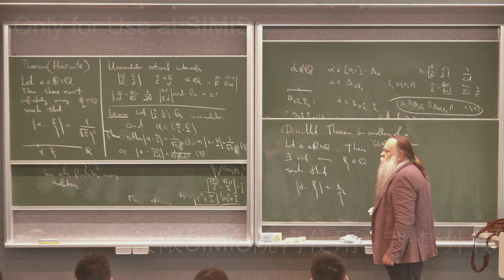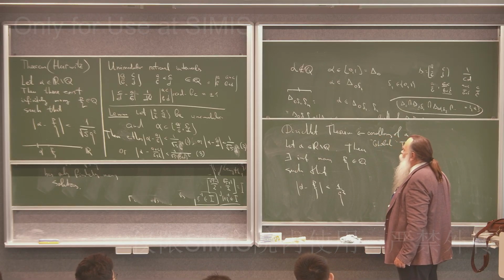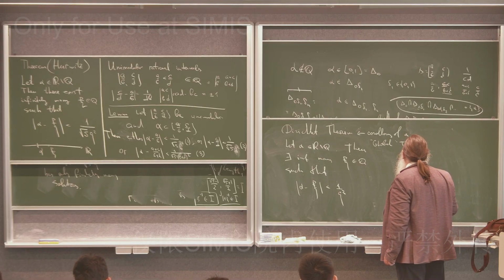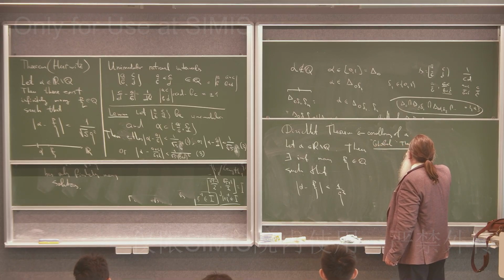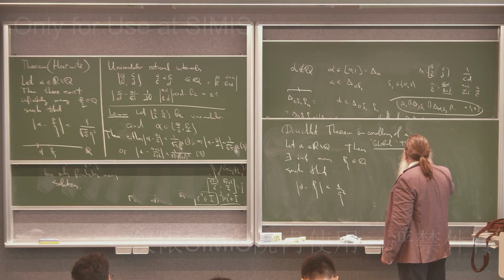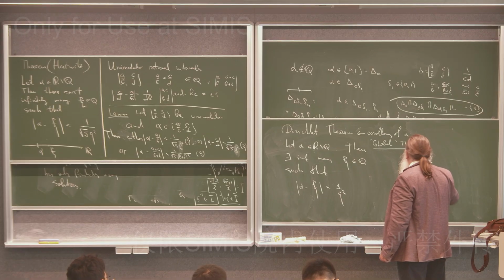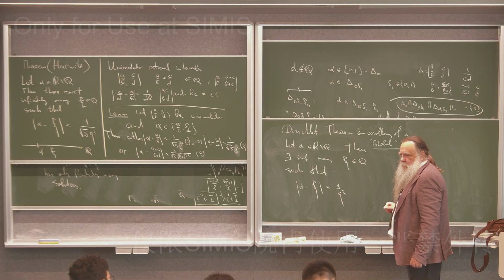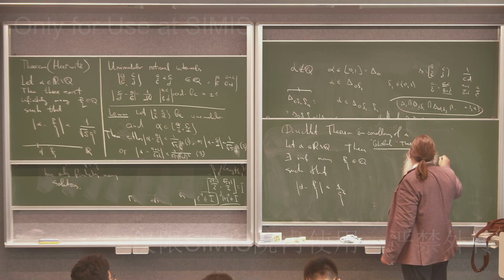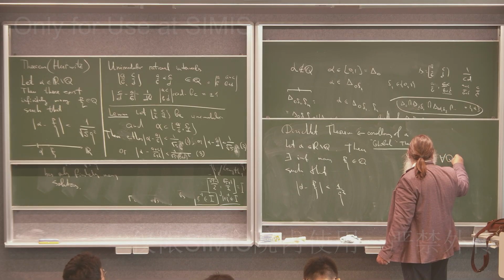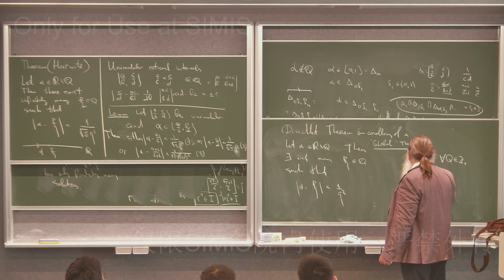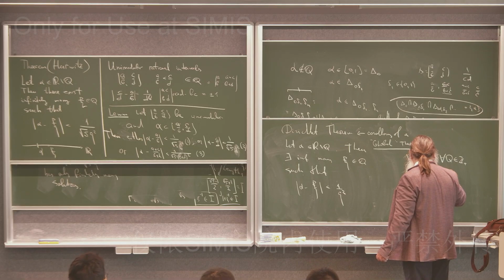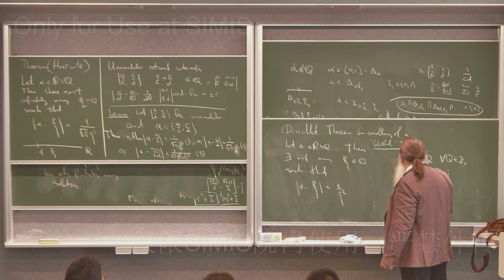I will formulate this global theorem in 2 versions. The first version is as follows. What is the global theorem? For any real alpha, we do not assume that alpha is irrational, and for any positive integer Q, there exist P and q positive integers such that two things are valid.